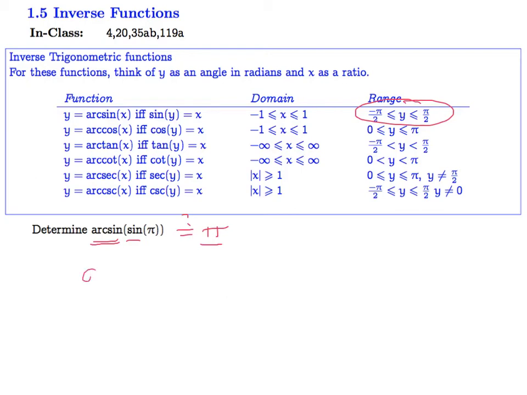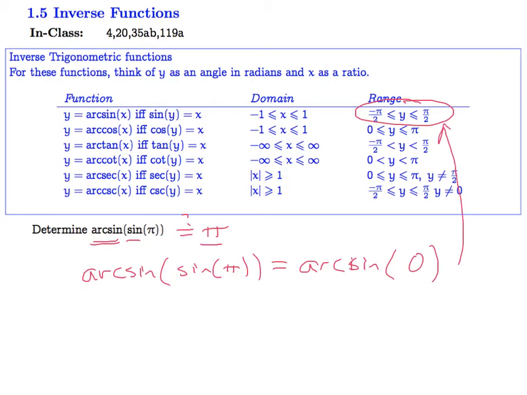So instead what we say is, well, let's compute arcsine of sine of pi. Well, I know that sine of pi is simply going to be 0. I remember this from trig. And now I want to think, well, what angle in this range, that is between -pi/2 and pi/2, would give me 0?